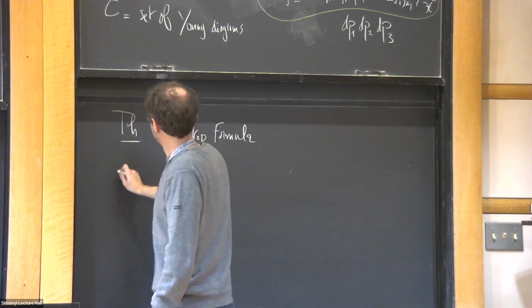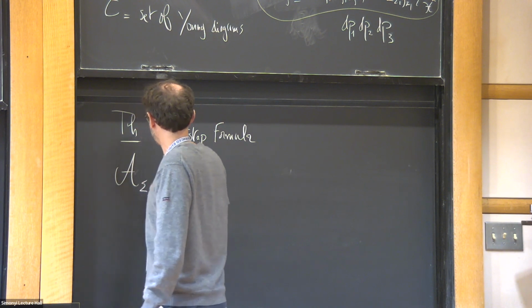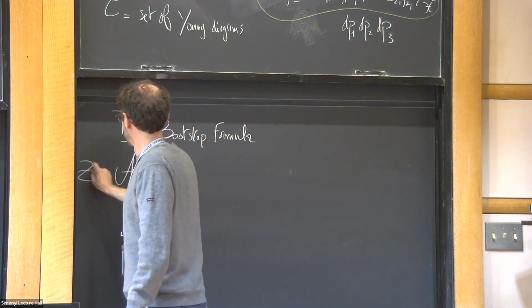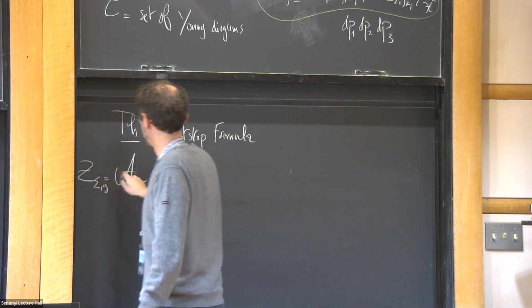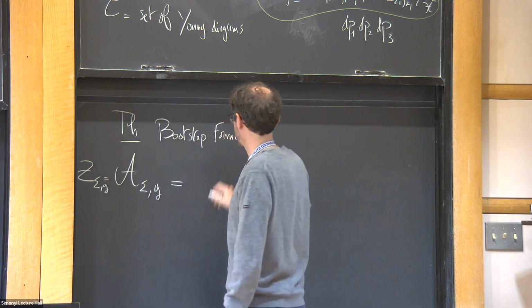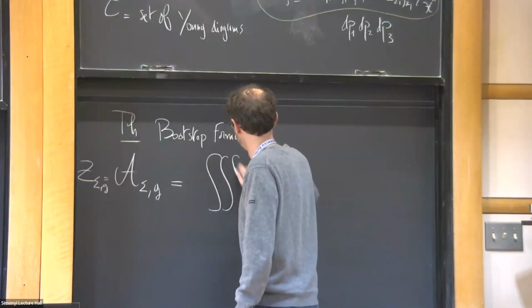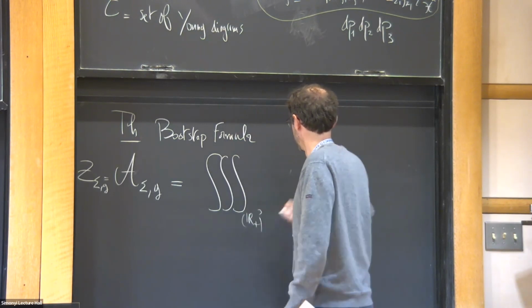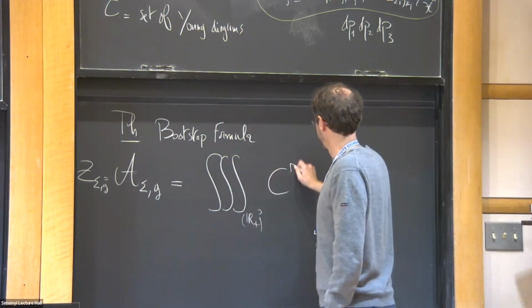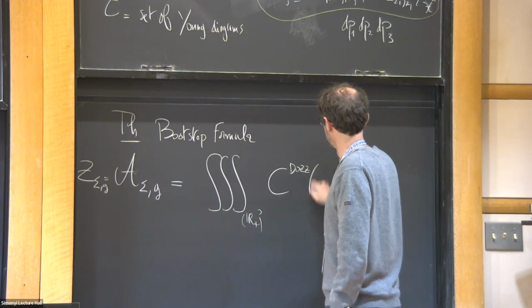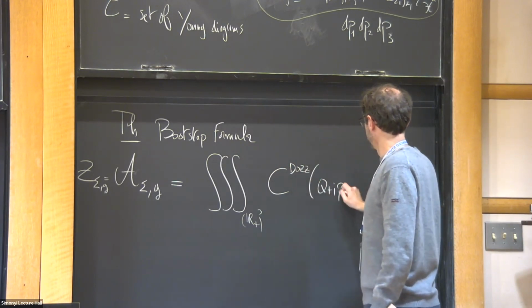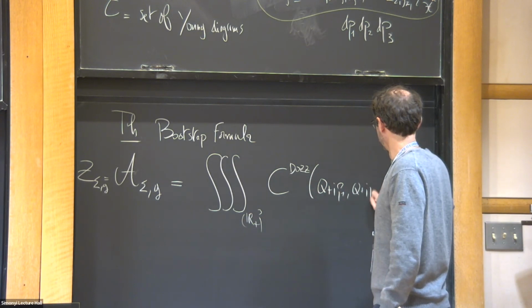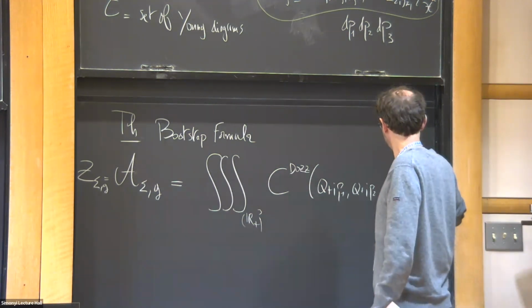It tells you that the partition function Z sigma g, which I denoted also by A, is actually the integral on R plus to the power 3 of the DOZZ factor q plus ip1, q plus ip2, q plus ip3.